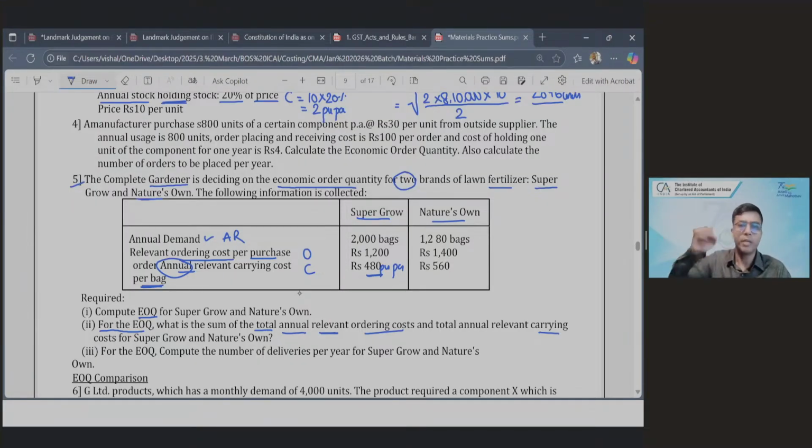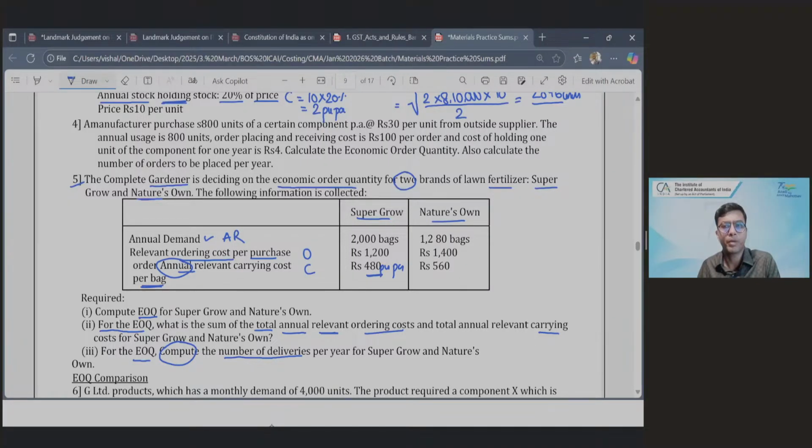So this is why the independent formula of ordering and carrying are important because you are asked these questions. And then they are saying for whatever EOQ you have calculated, also give them the number of deliveries that they have to make.